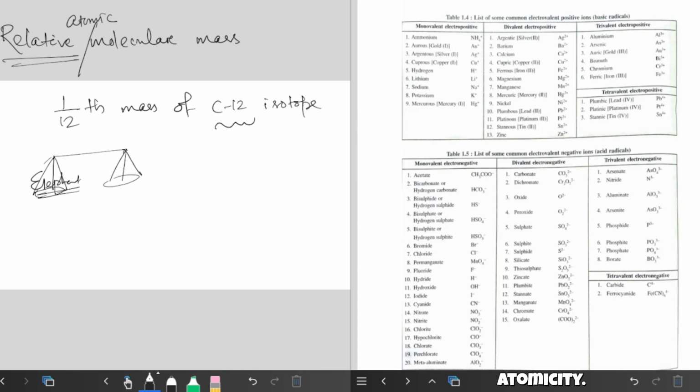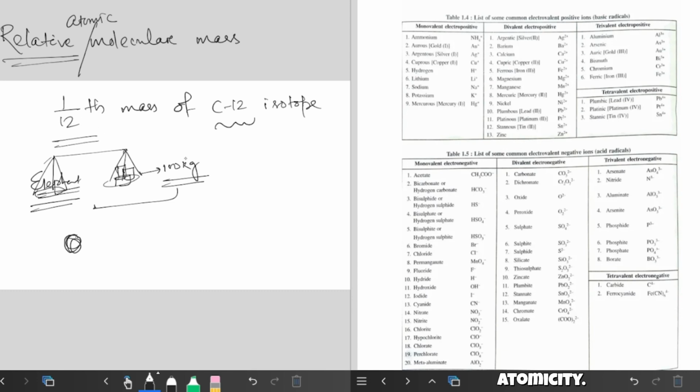If I want to measure the weight of the elephant, then I have to put some kind of weight over here, and let's say this is 100 kilos. That means I can say the mass of the elephant is how much? 100 kg.